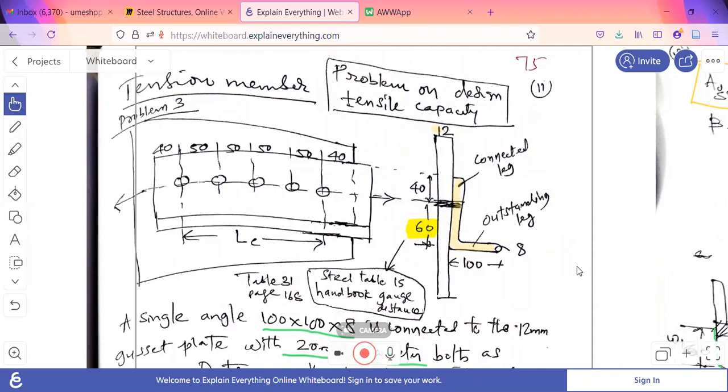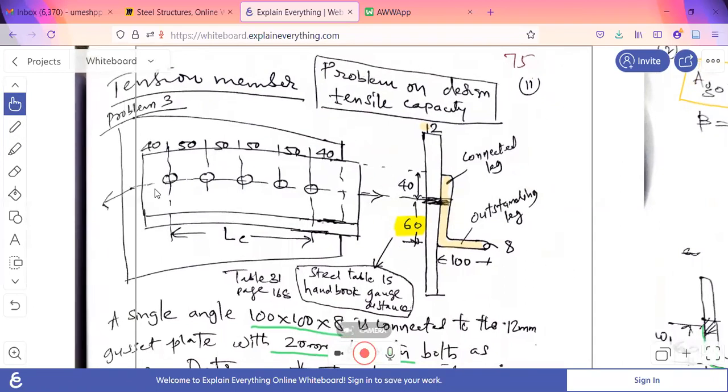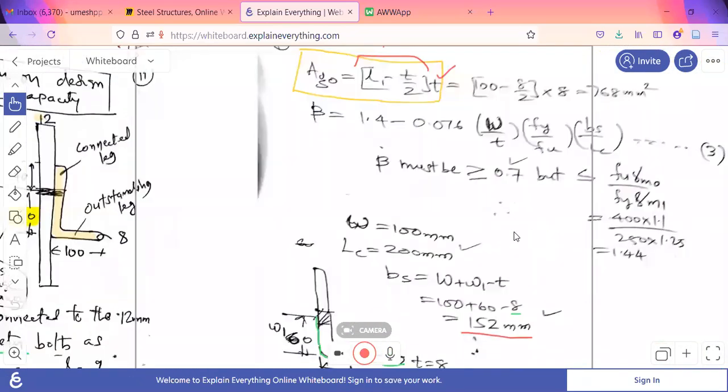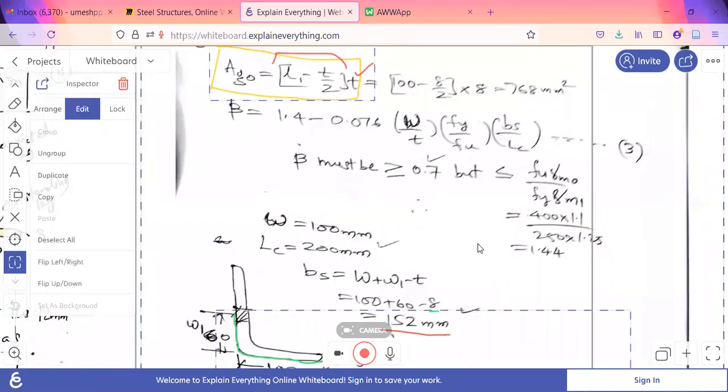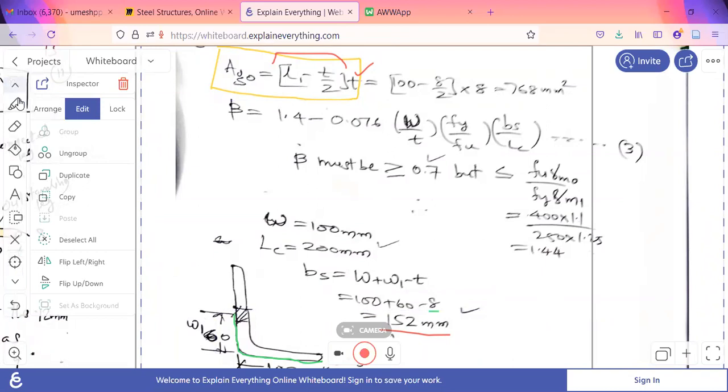So this is the distance between first and last bolt, center to center. You got this point? I think there is no problem, isn't it?